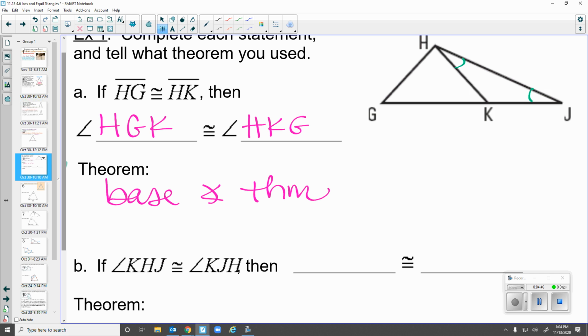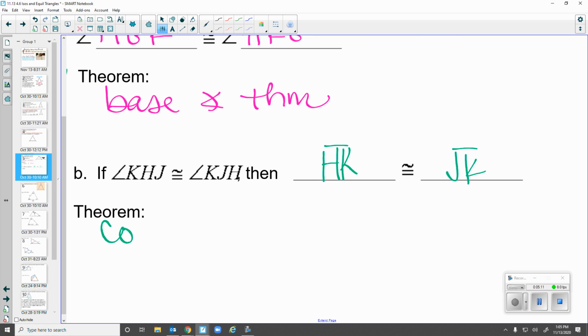What's the statement we can then say? Correct. HK is congruent to JK. So that one we started with the angles, and we were able to say a segment, which means what is our theorem? Converse, correct, of our base angle theorem.